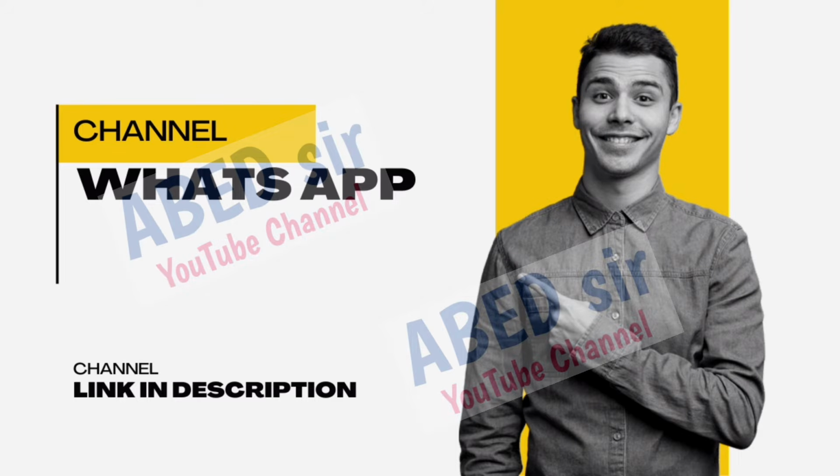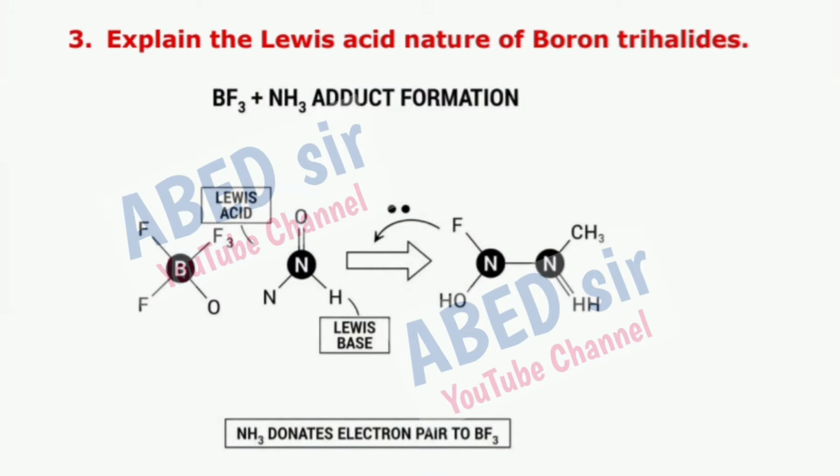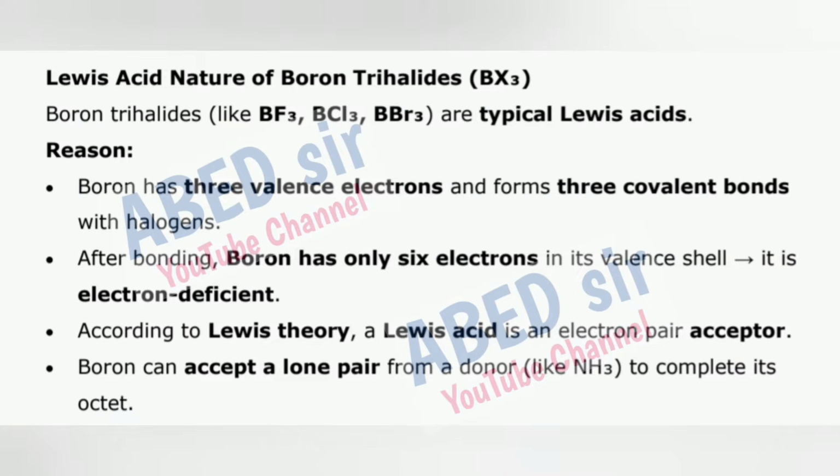Next important short question: 3. Explain the Lewis acid nature of boron trihalides, BX₃. Boron trihalides, like BF₃, BCl₃, BBr₃, are typical Lewis acids. Reason: boron has 3 valence electrons and forms 3 covalent bonds with halogens.